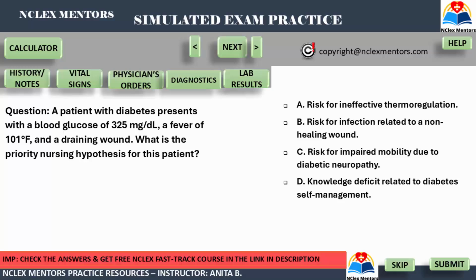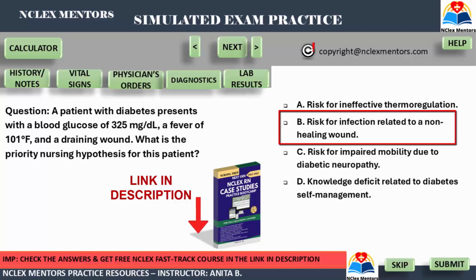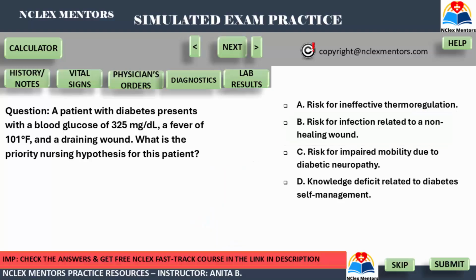This requires the nurse to analyze the clinical cues such as the elevated blood glucose and signs of infection and prioritize the most urgent issue, which in this case is risk for infection related to a non-healing wound. The question tests the nurse's ability to make an informed decision based on the data presented, reflecting the process of clinical judgment in real-world scenarios.